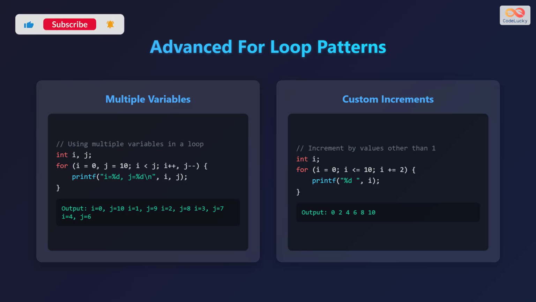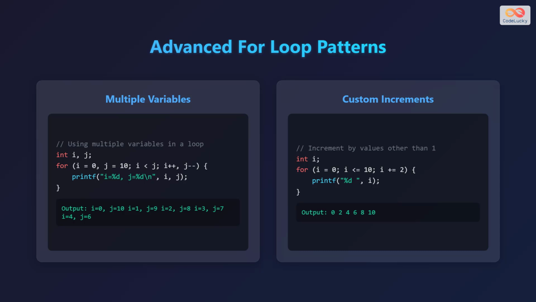The code says, // Using multiple variables in a loop. int i, j; for (i = 0, j = 10; i < j; i++, j--) { printf("i = %d, j = %d\n", i, j); } Output: i = 0, j = 10. i = 1, j = 9. i = 2, j = 8. i = 3, j = 7. i = 4, j = 6.